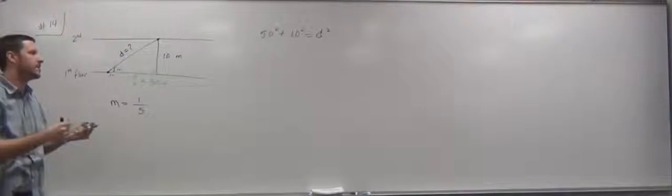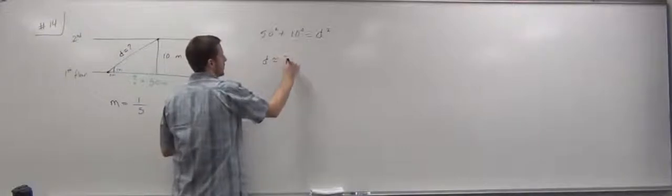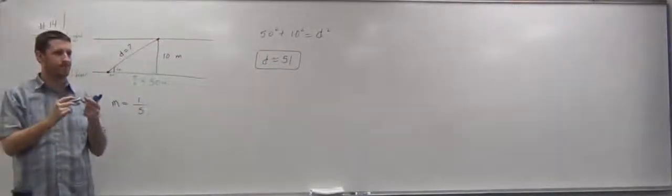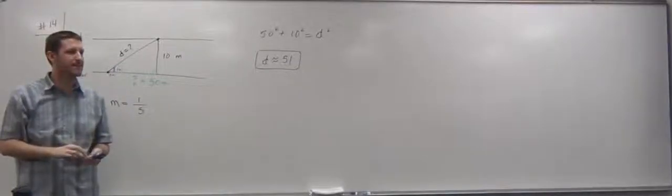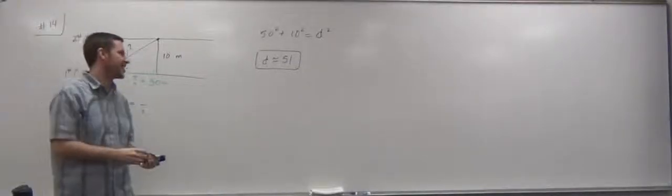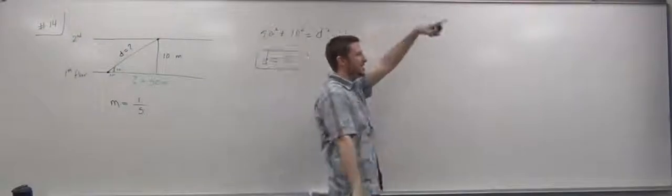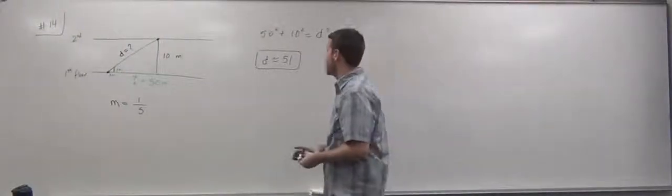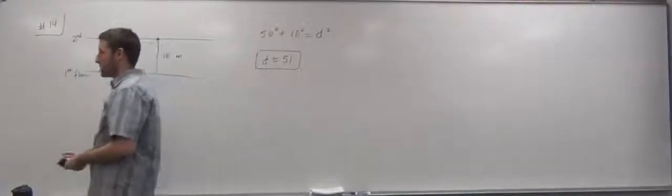And then you could get d by actually squaring this out and taking the square root. At the end of the day, you should get 51. What's that? 10 to 26. Sure. Then get your approximation so you can pick the right one. Normally, I absolutely love exact answers, but since it's multiple choice, you're going to have to get an approximation.